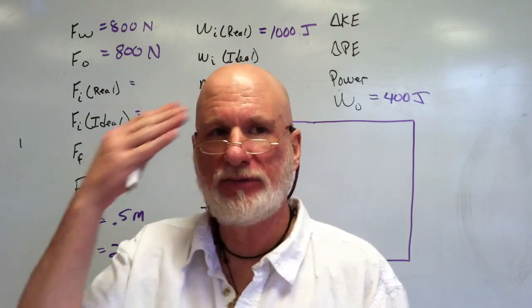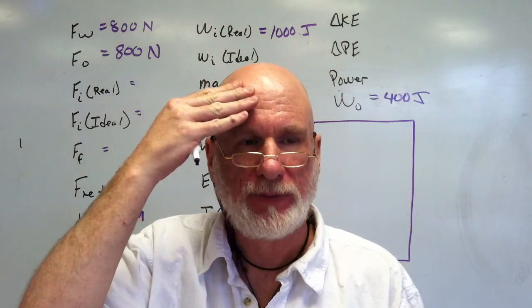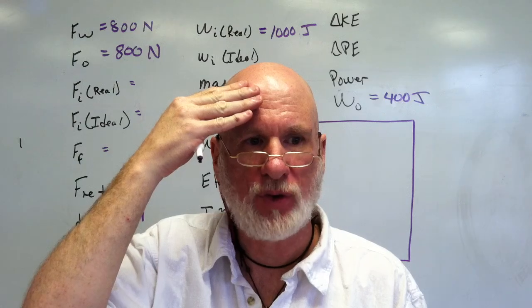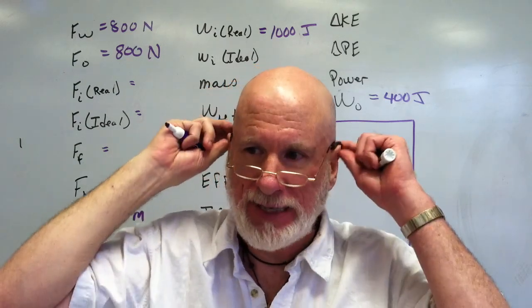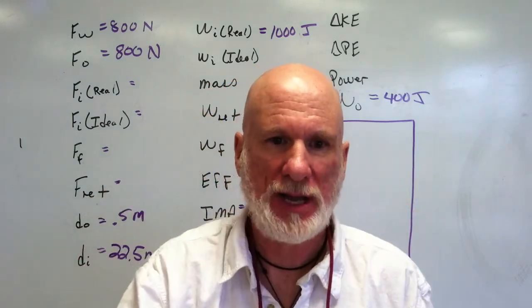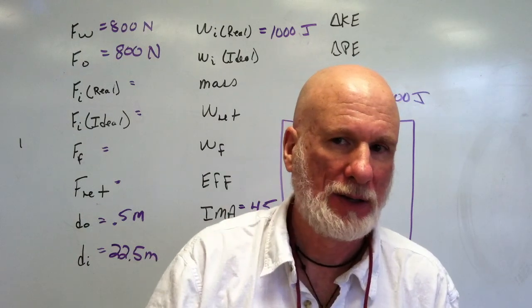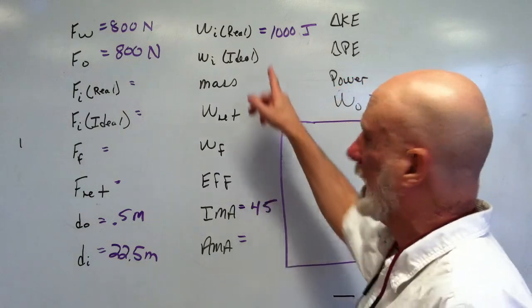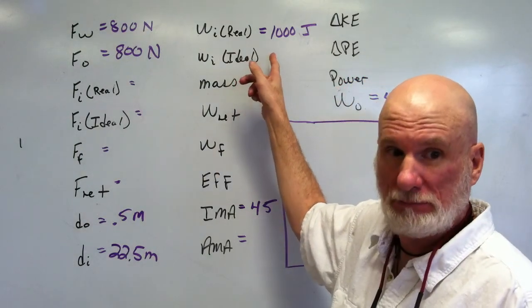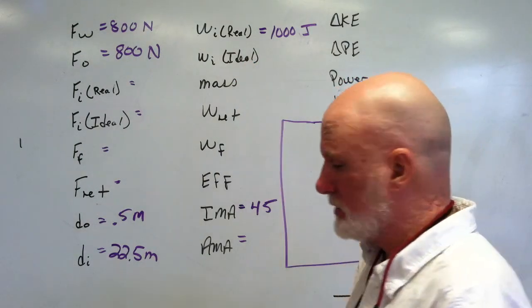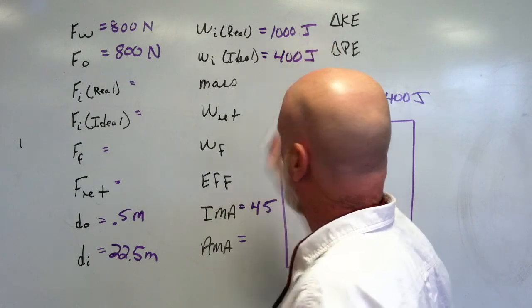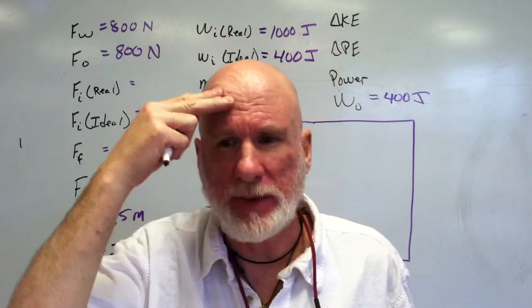Now, if the work input is 1,000 joules and the work output is 400 joules, is there anything based upon your equations that you can now calculate? All right, we can do ideal. What's the work input ideal? 400 joules. Okay, good. Now, what else can we calculate?